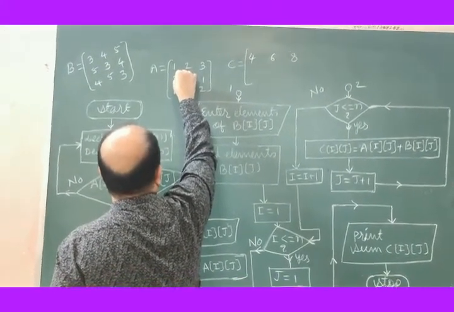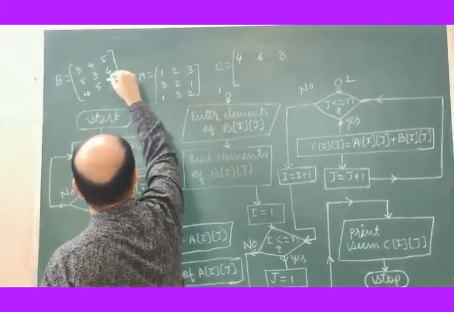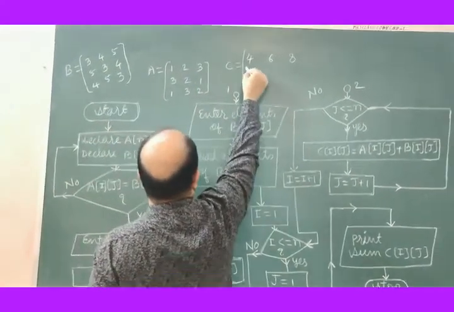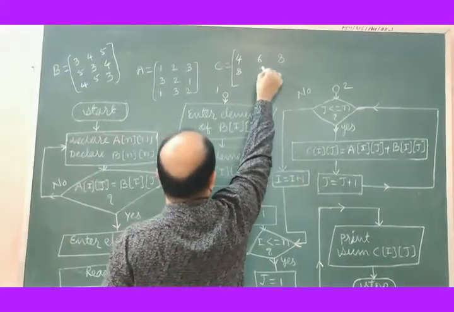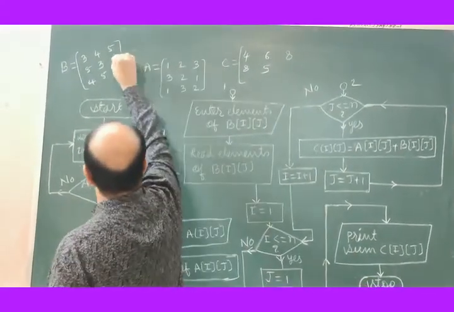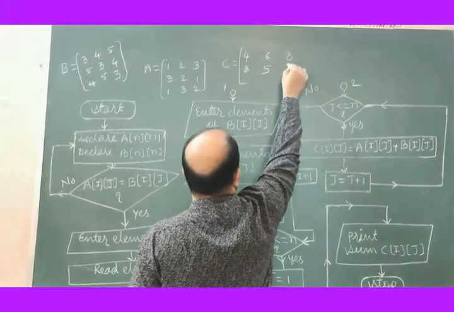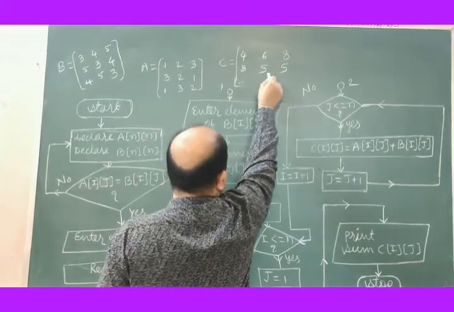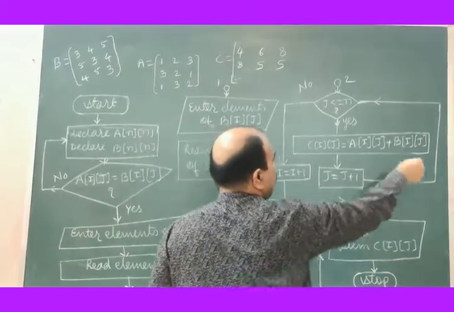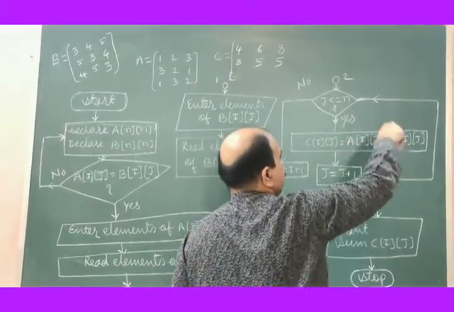Second row, first column added to get 8. This added to get 5. This added to get 5 here. We will get these 3 after completing 3 iterations.